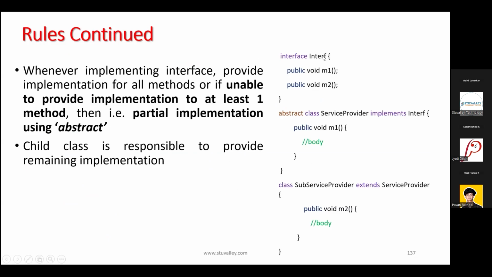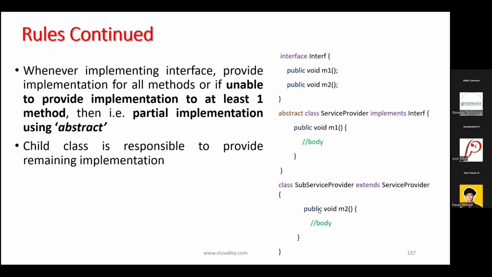The example is interface interrupt. There are two methods which are abstract. Okay, so this is a service provider class, which is implementing this interface one and providing the M1 method's implementation. So only the M1 method's implementation, and it is not providing the M2 method's implementation. That's why this class is an abstract class. So we have created a separate child class which extends this service provider class and provides the remaining implementation of the M2 method.